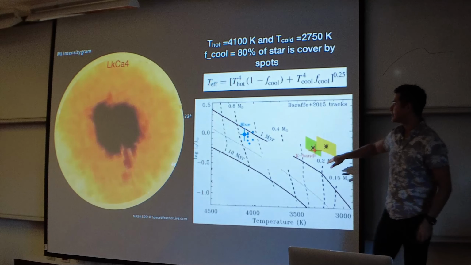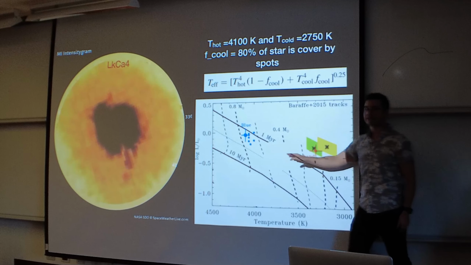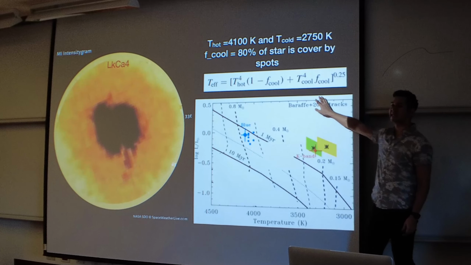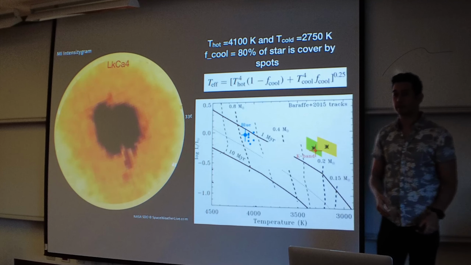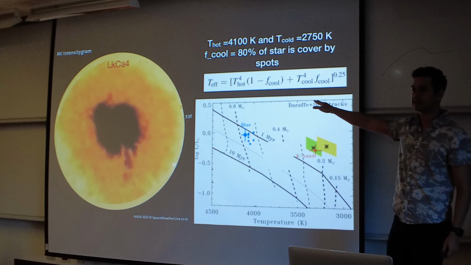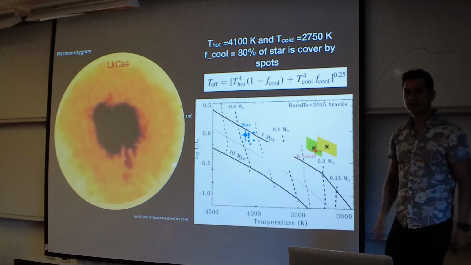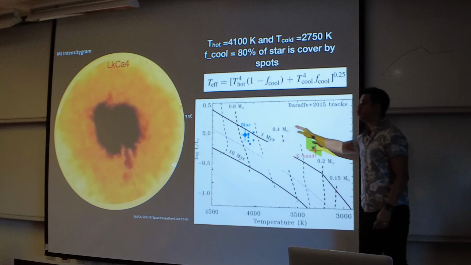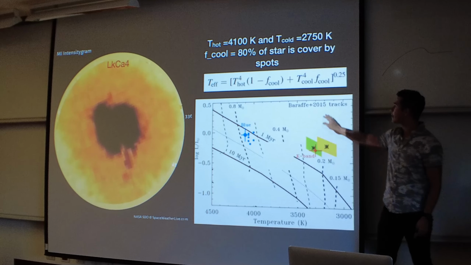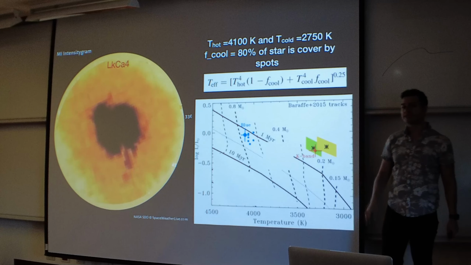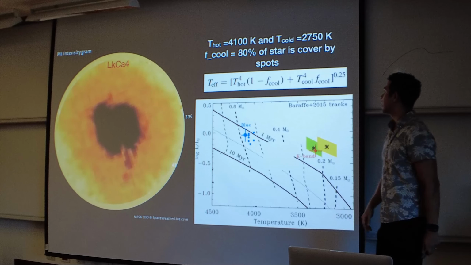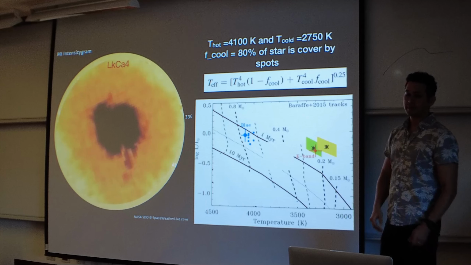But none of these two temperatures really matter in that regard. What we really need to have is the effective temperature of the star, which when we have more than one temperature component, can be calculated like this, which is a weighted average of the two hot and cold components, where the fraction covering the star is a very important factor.